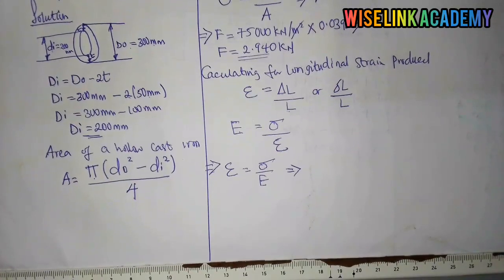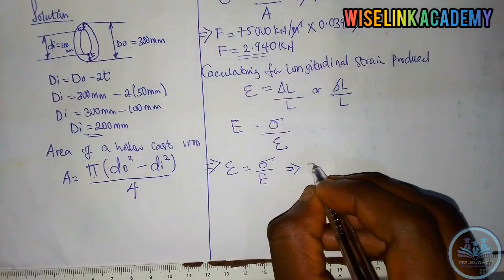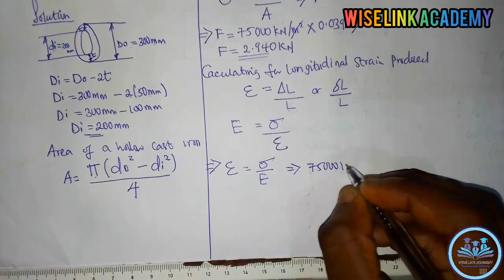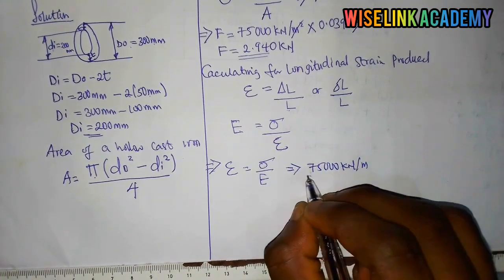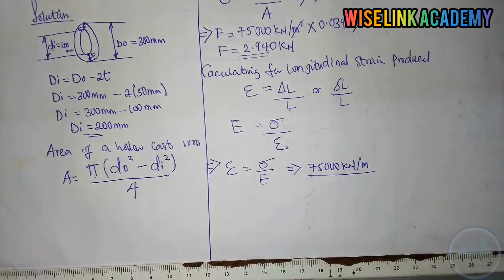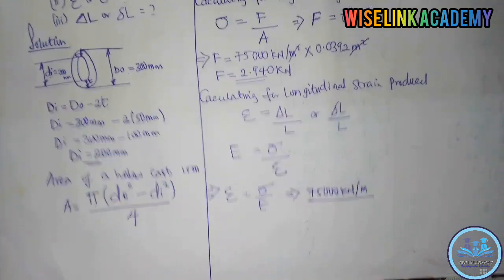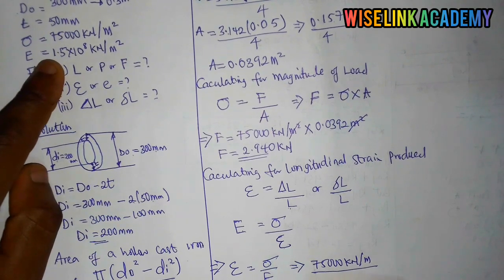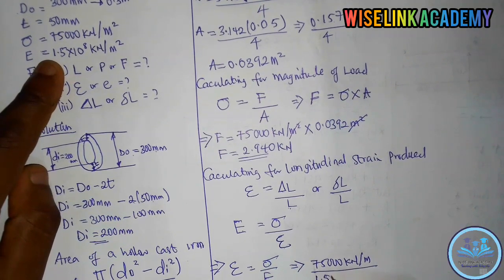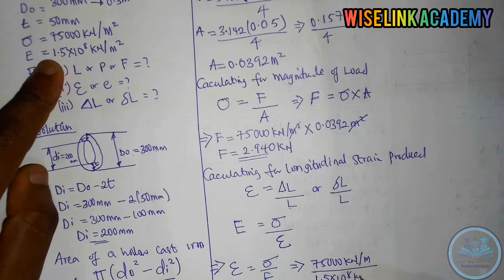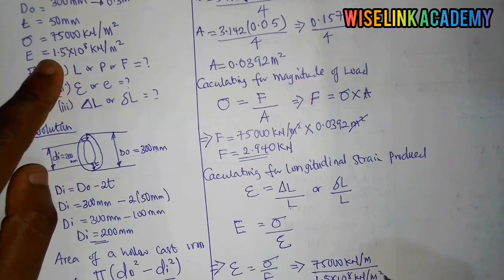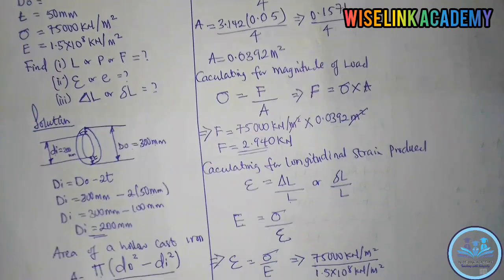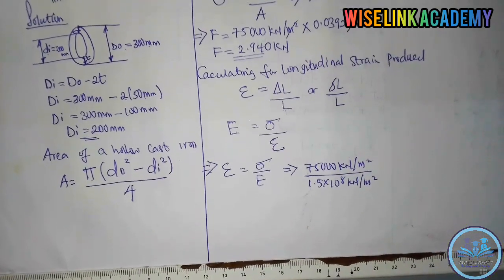So we're having 75,000 kilonewton per meter square divided by our Young modulus, which is given as what? Our Young modulus is 1.5 times 10 to the power 8 kilonewton per meter square, isn't it? So it's given like this.